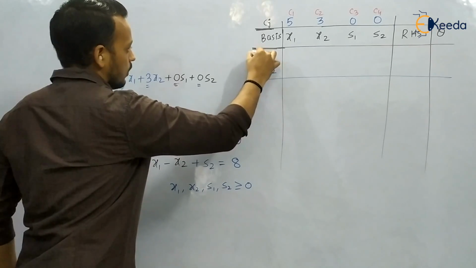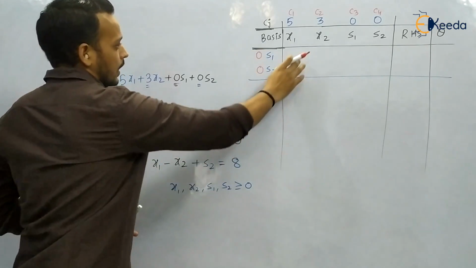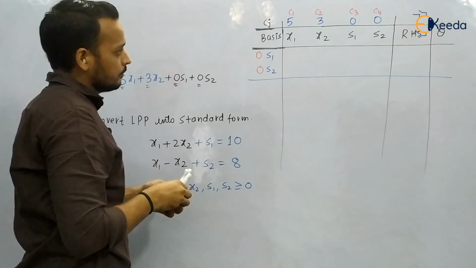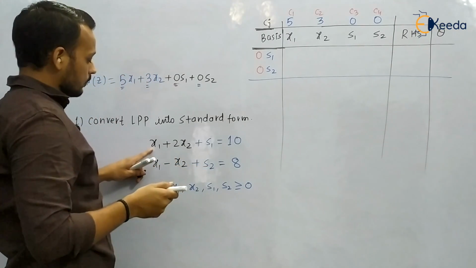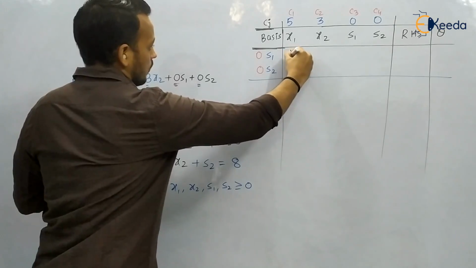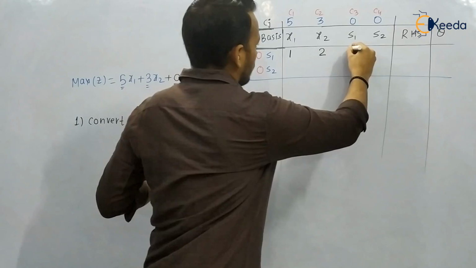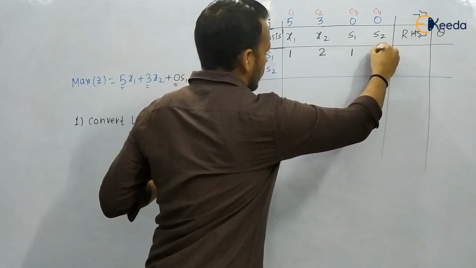In this table we write the coefficients of the constraints: for x1 we have 1, x2 we have 2, s1 we have 1 and s2 we have 0.